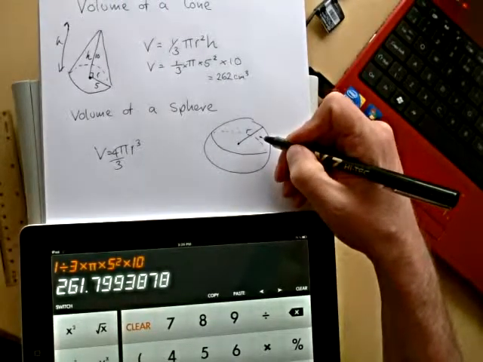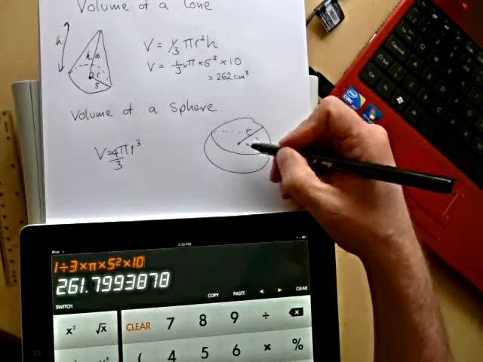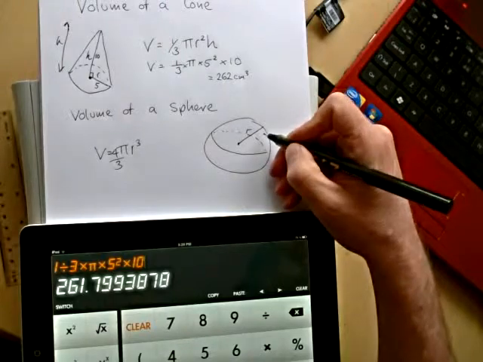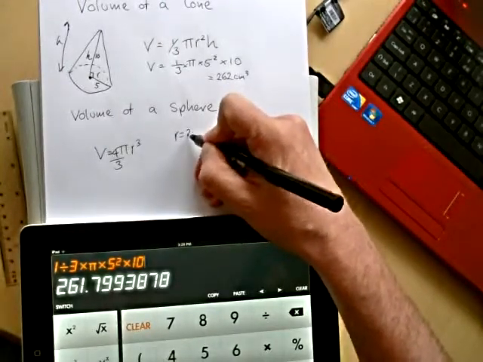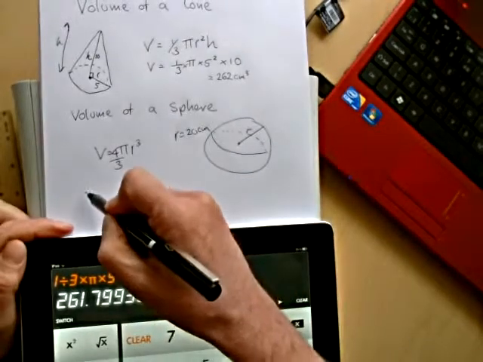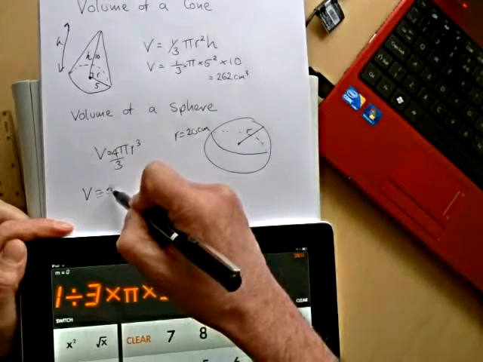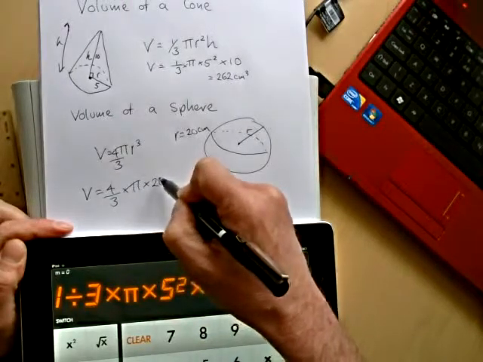If you look at a tennis ball, it has a much smaller radius than a football, but it's just the radius that determines the size and volume of the sphere. So let's suppose we're told that r is 20 centimetres, then our volume will be 4/3 times pi times 20 cubed.